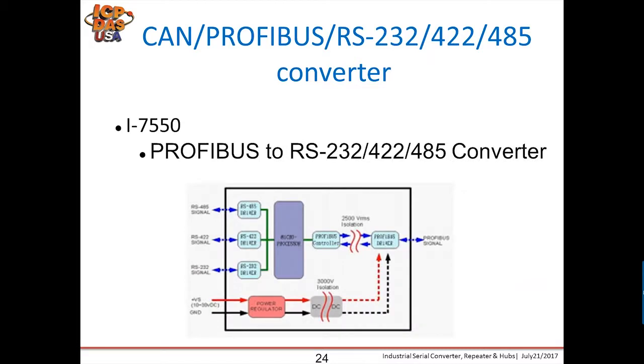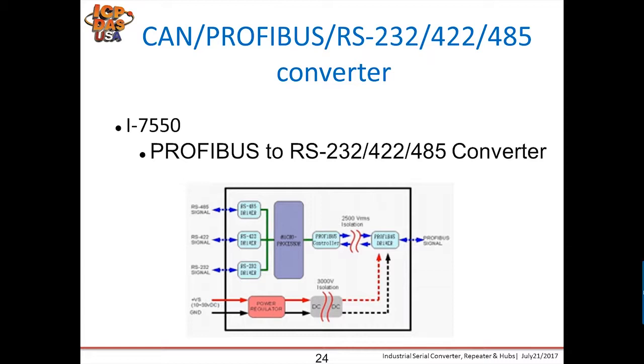PROFIBUS is a field bus communication system with a wide range of applications, particularly in the field of factory and process automation. The i7550 integrates device with serial interface into a PROFIBUS DP network.